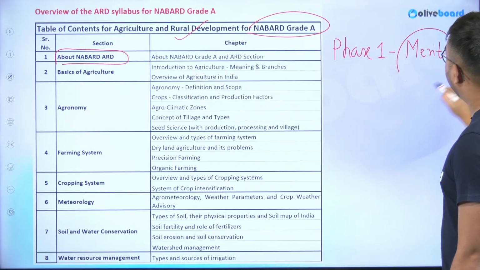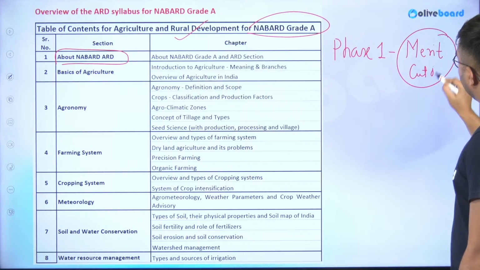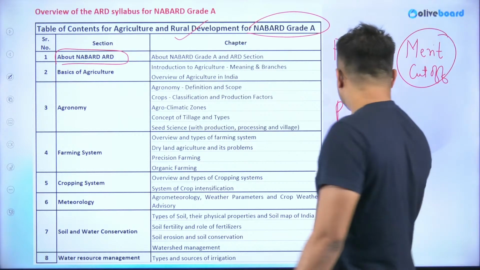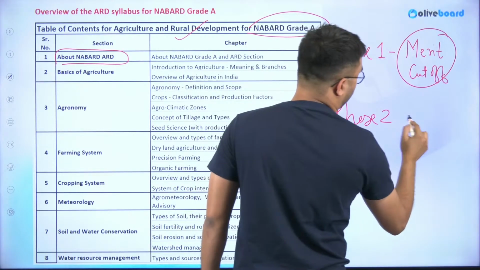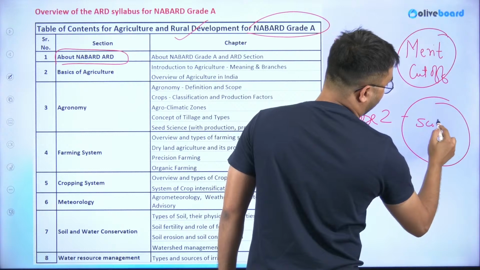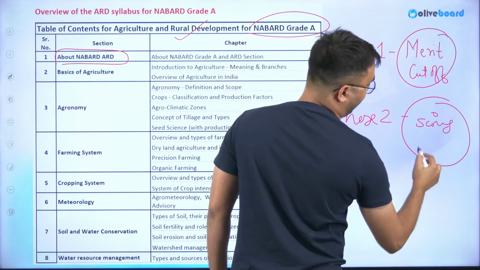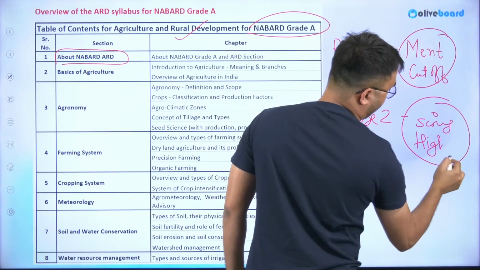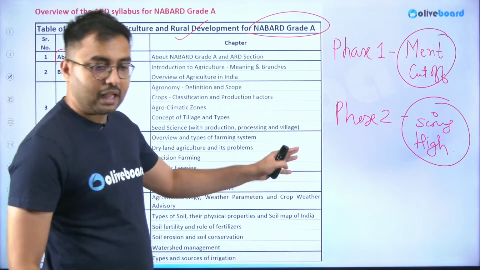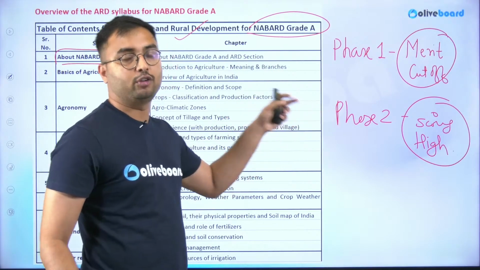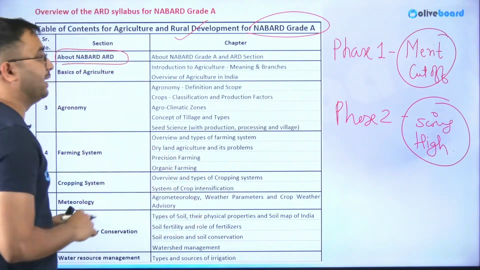For the merit cutoff. For phase 2, why is ARD important? For scoring high. In this way, ARD is very, very important for your selection in the NABARD Grade A exam.